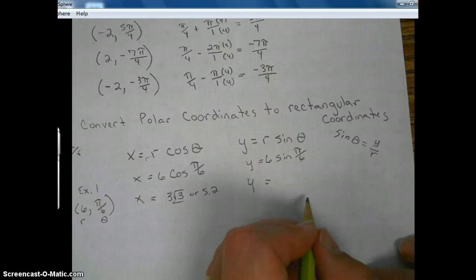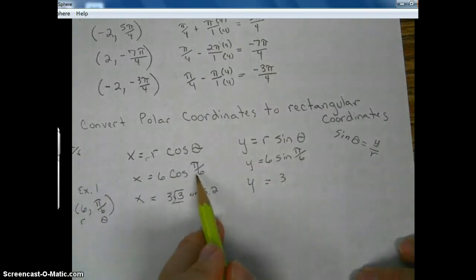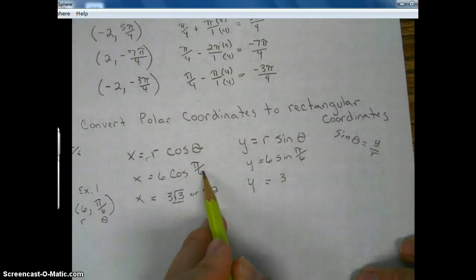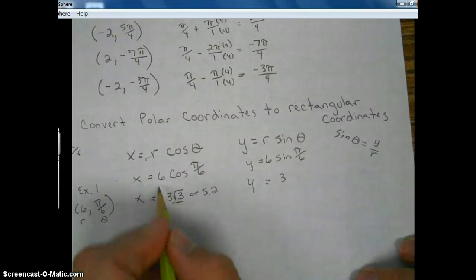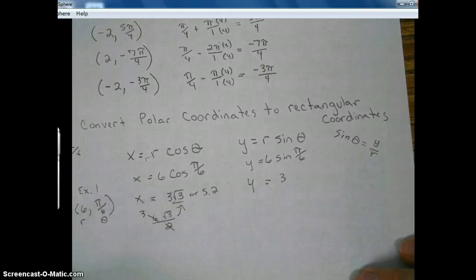And the y is going to be equal to 3. Remember that the cosine of pi over 6 from your unit circle is the square root of 3 over 2. And so this would be 6 times the square root of 3 over 2. So that's how we get 3 radical 3.